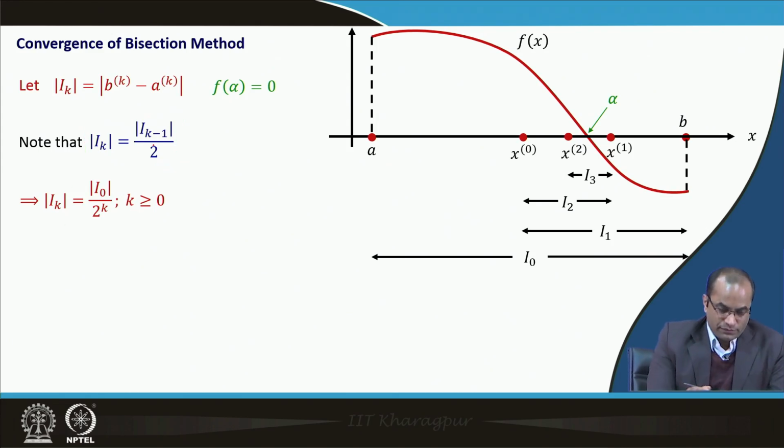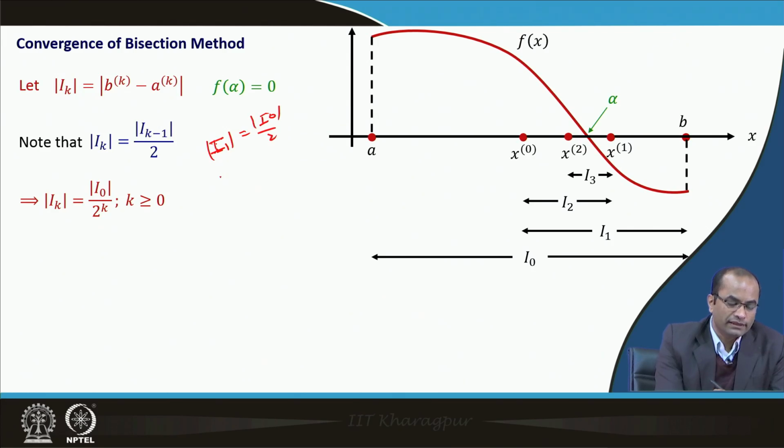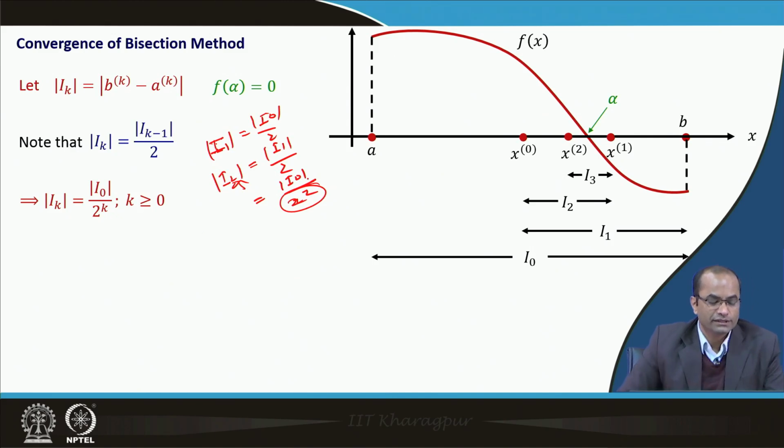And by induction we can see that I 1 is I naught by 2, and then I 2 is I 1 by 2, and I 1 is already I naught by 2, so it is I naught by 2 square. So, I 2 gives us 2 square, I 3 will give 2 cube, and so on.